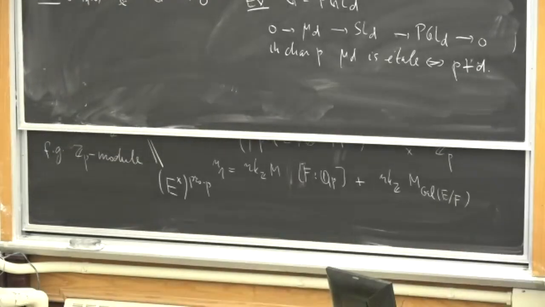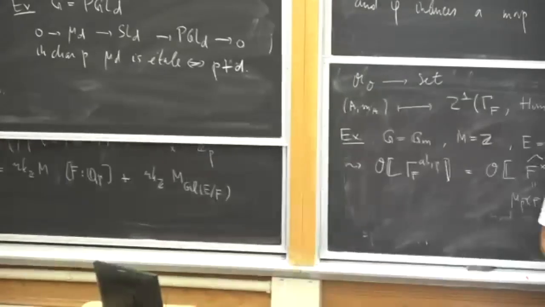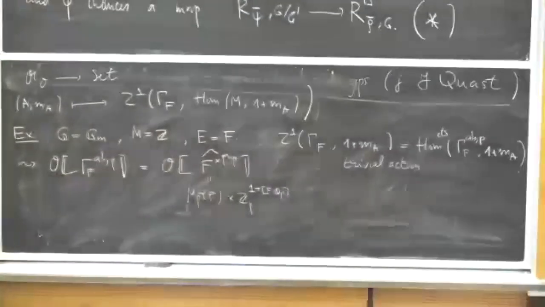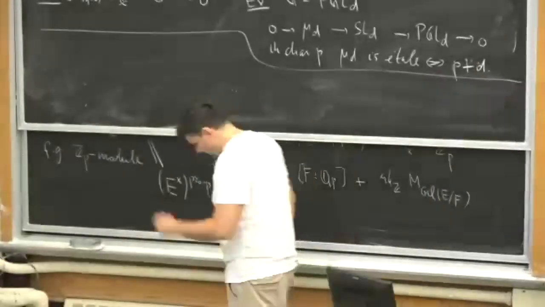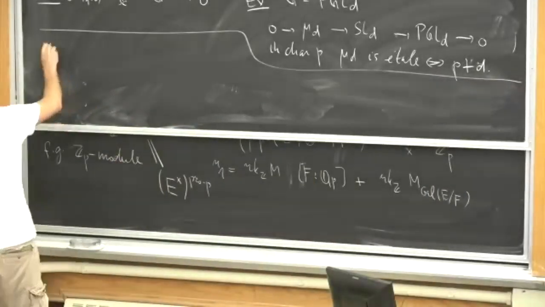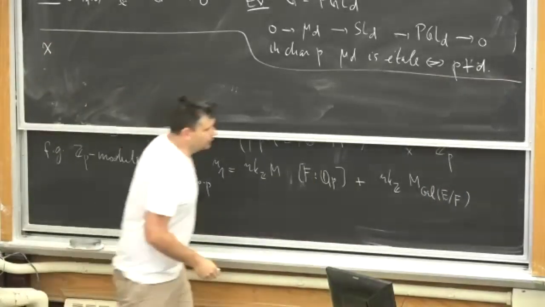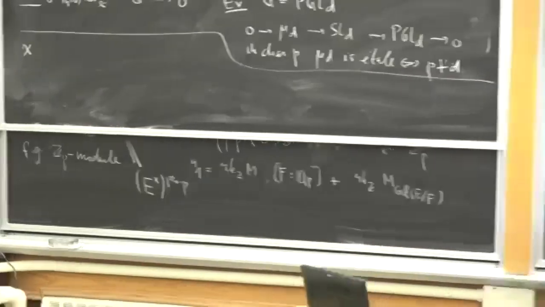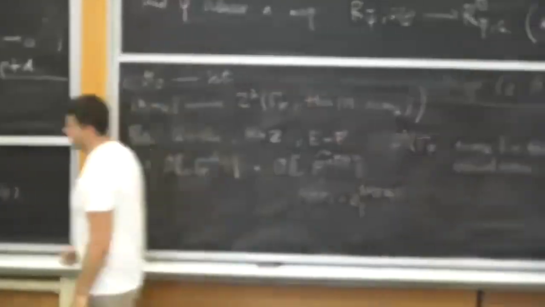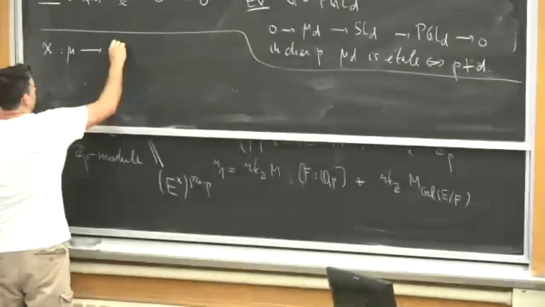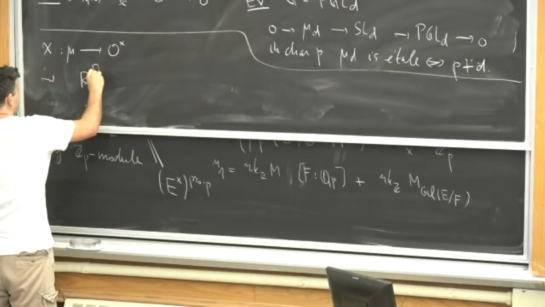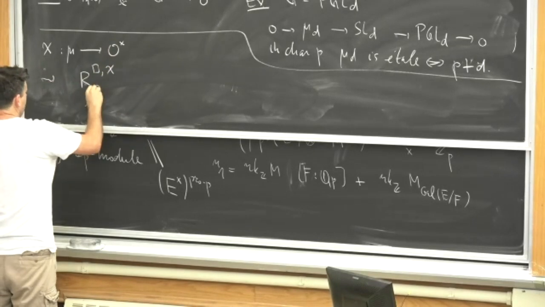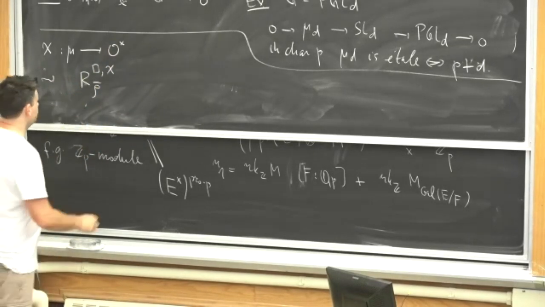So how do we do this? Recall that the irreducible components of this guy are parameterized by characters. So you can associate an irreducible component.